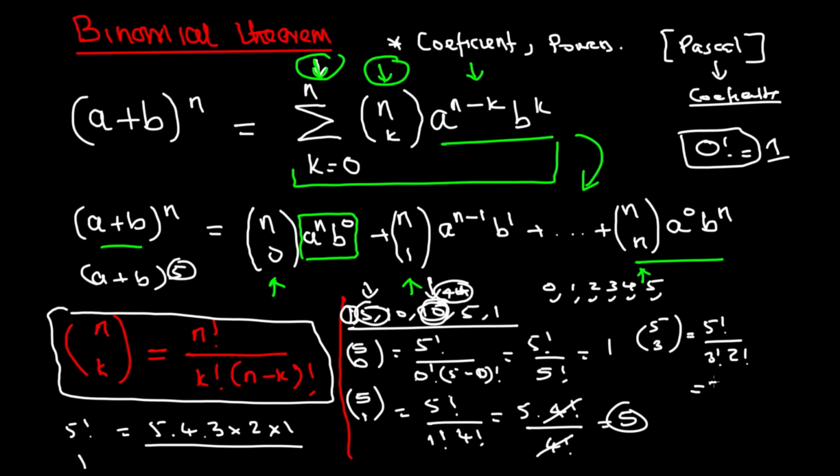So this is going to be 5, 4, 3, 2, 1. Right? We're going to divide it by 3, 2, 1. Then we continue, 2, 1. So we find terms that we can get rid of.